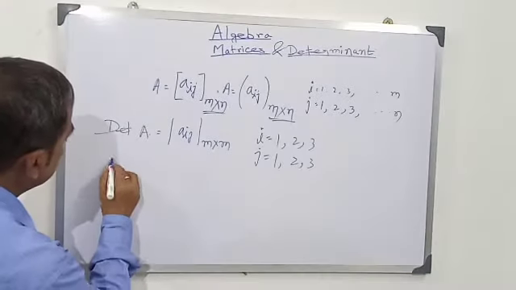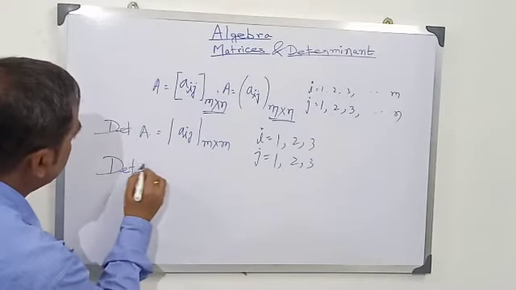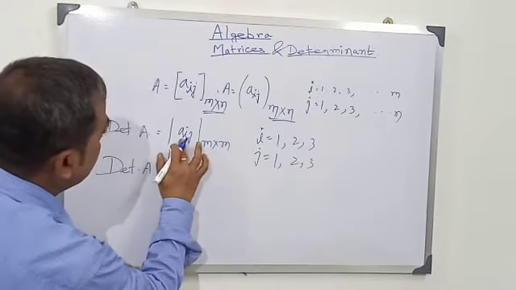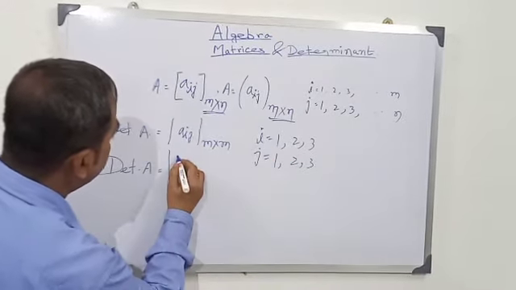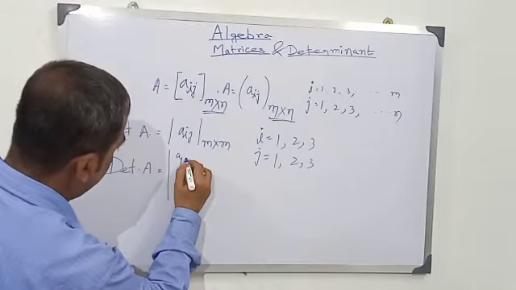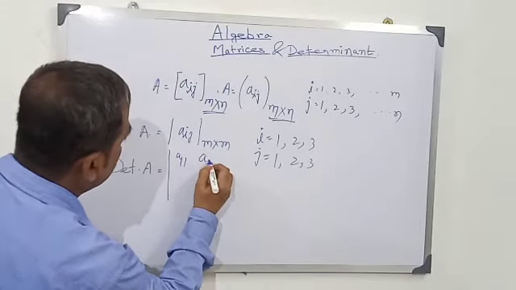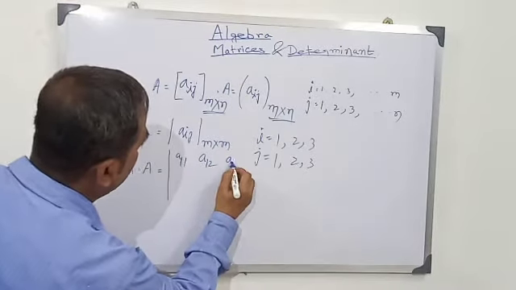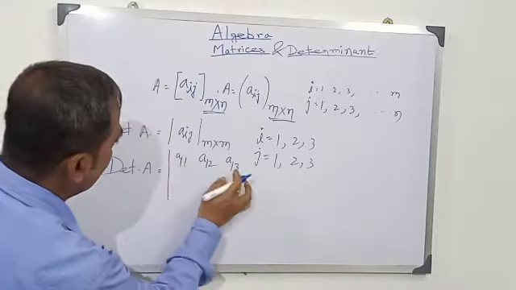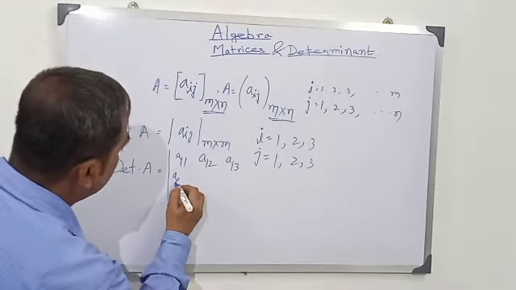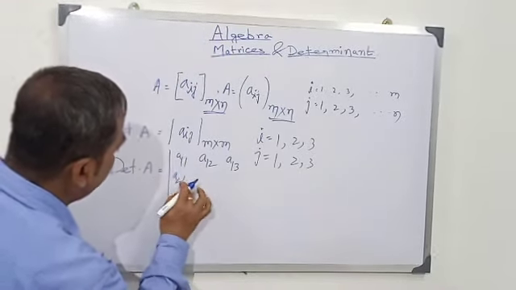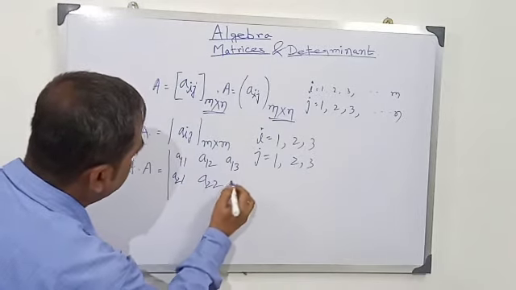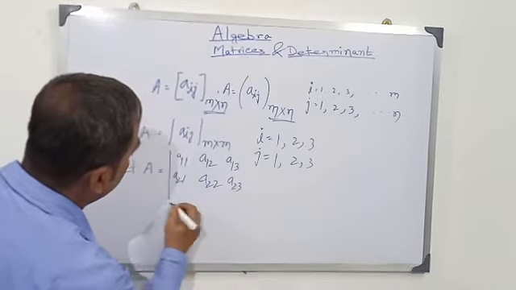So here determinant A becomes a11, that is first row, first column, a12, first row, second column, a13, first row, third column, then a21, second row, first column, second row, second column, second row, third column.